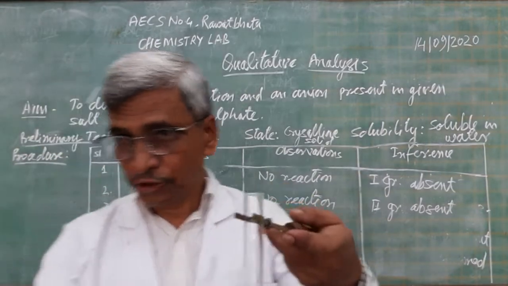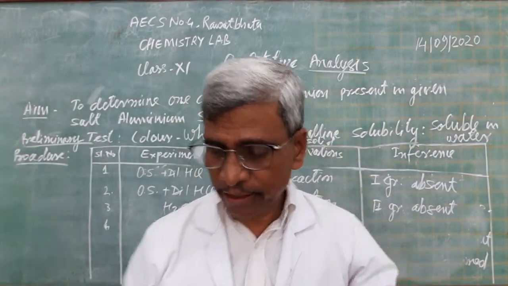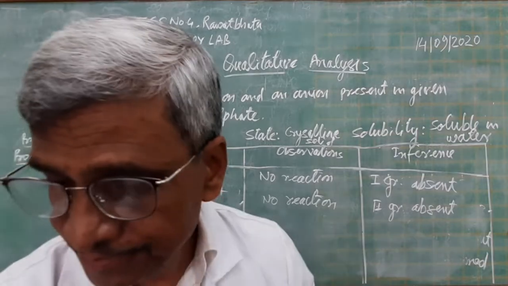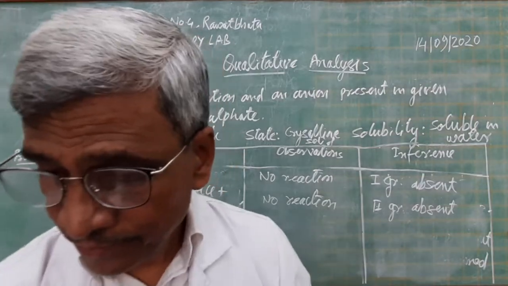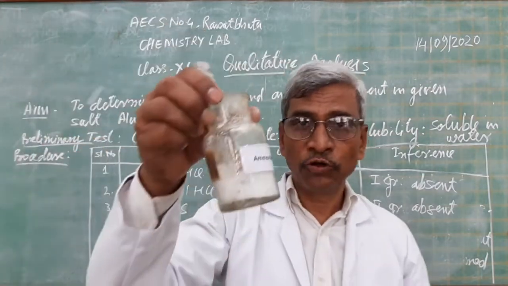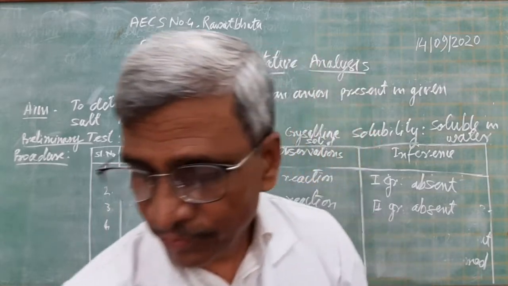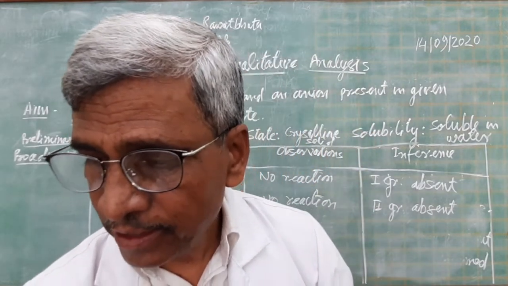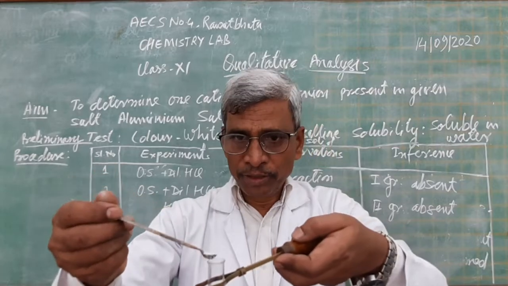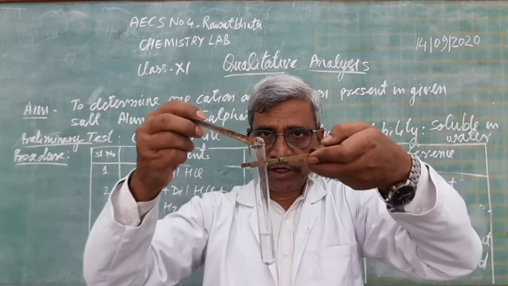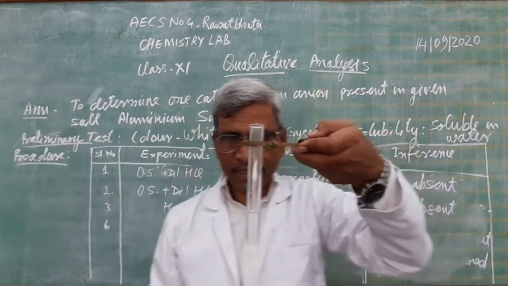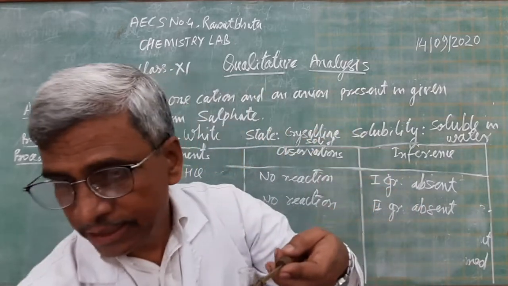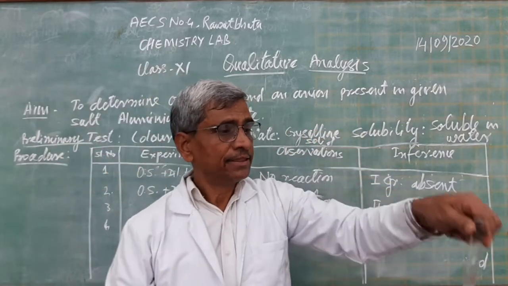Here is the original solution. Add ammonium chloride to this. This is ammonium chloride in solid form. Add a pinch of ammonium chloride to that. This is also soluble in water. Dissolve it.